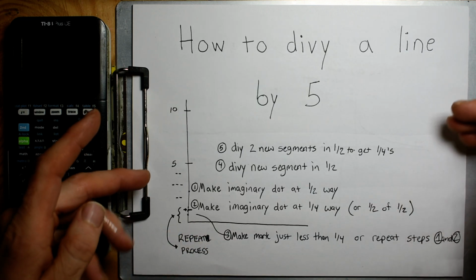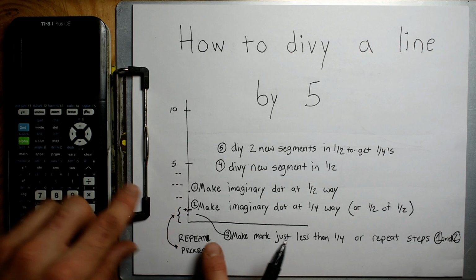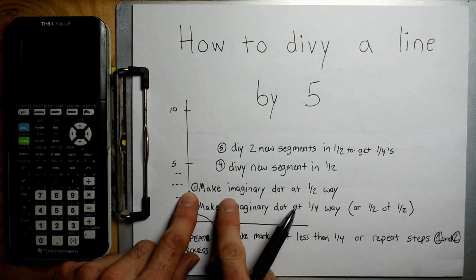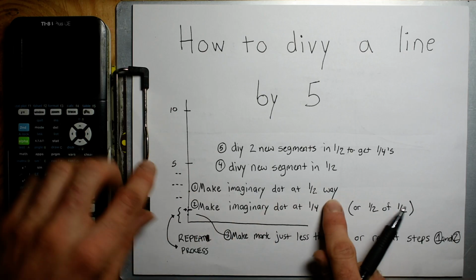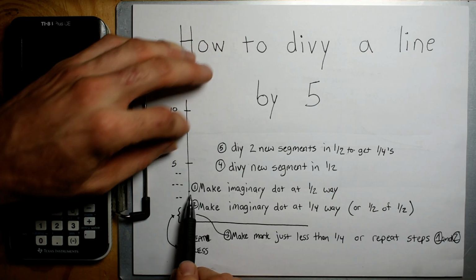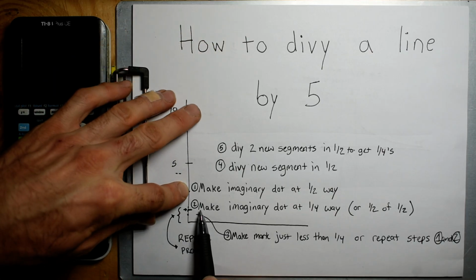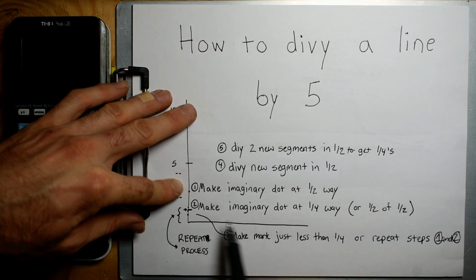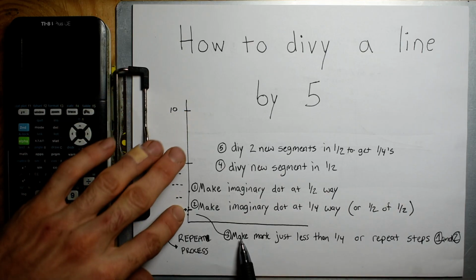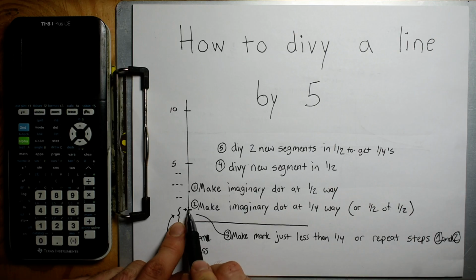So, alright, here are the steps. What's step 1? Make an imaginary dot at halfway. So if I want to go halfway between 0 and 5, this is my imaginary dot. Step 2, make an imaginary dot at a quarter of the way. Hell yeah, we did that. And then step 3, make a mark just less than a quarter.